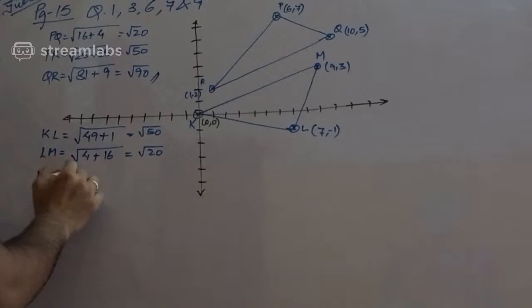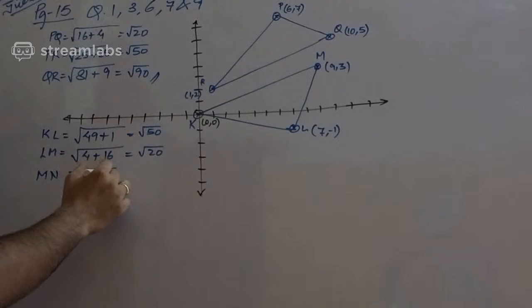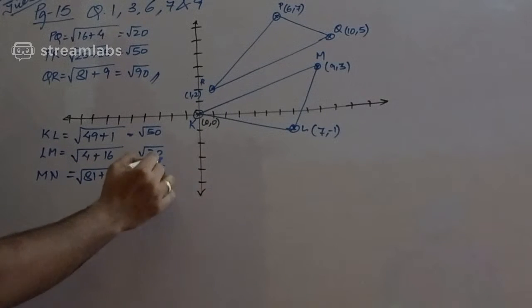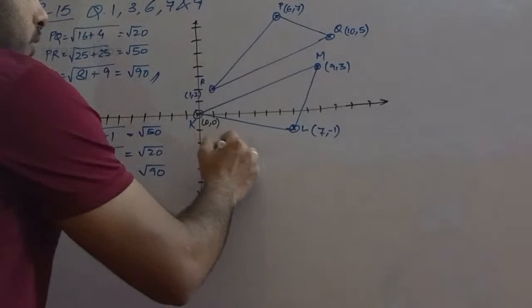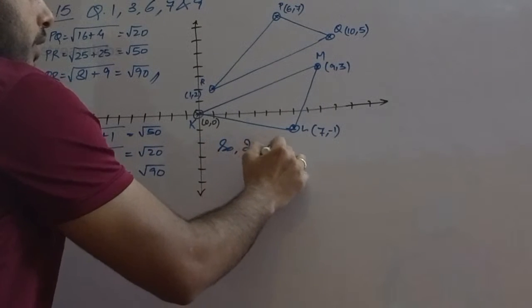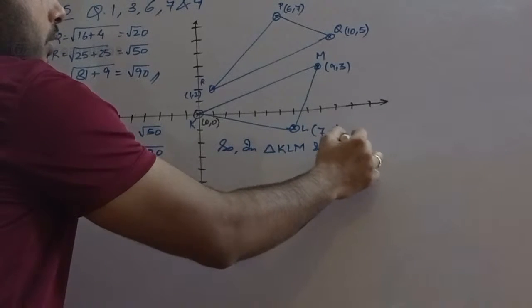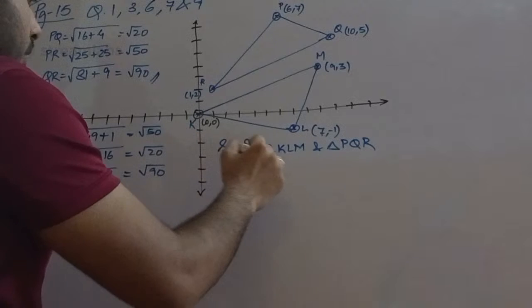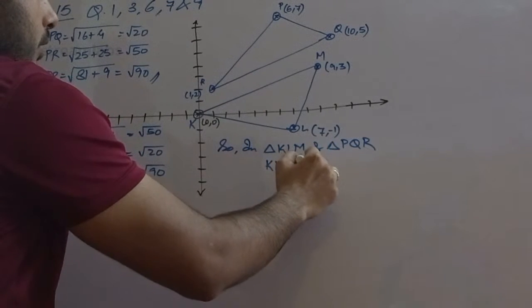And let's find out the last side, MN. MN will come as 9 minus 0, that is 81, plus 3 minus 0 whole square, that is 9, and square root of 90. So hence you can see, yes, they are equal. We can write now. In triangle KLM and triangle PQR, what we can say first: KL is equal to root 50, it's PR.